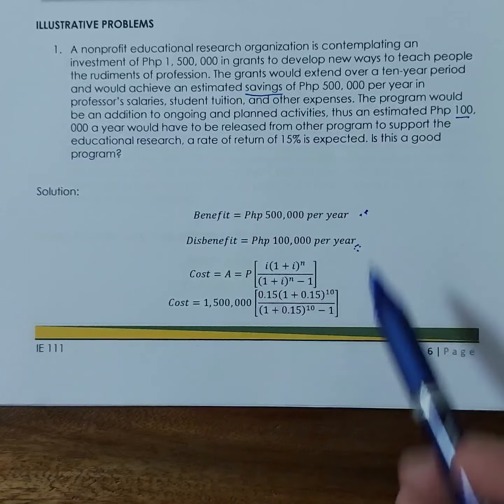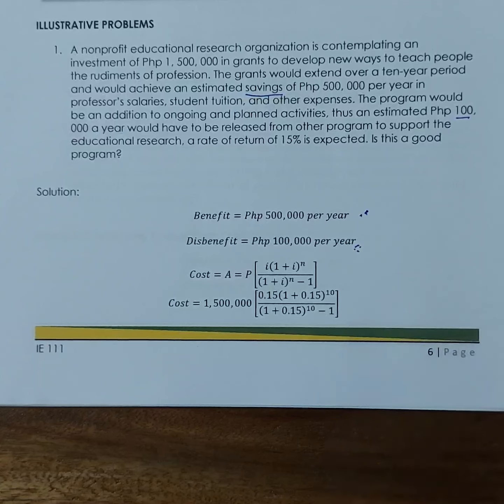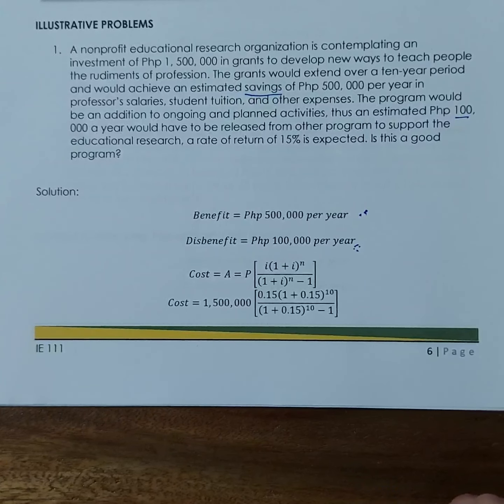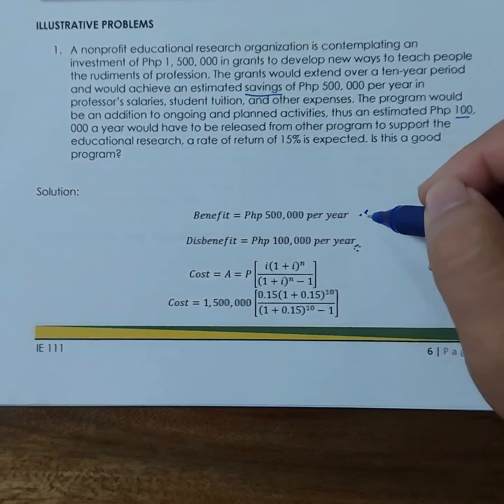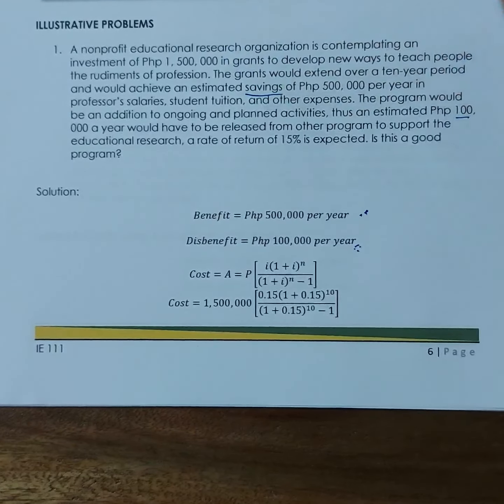Okay. But in this problem, yung solution na nilagay ko sa module is yearly ito. So yung investment natin na 1,500,000 should be converted into a yearly basis or an annuity.